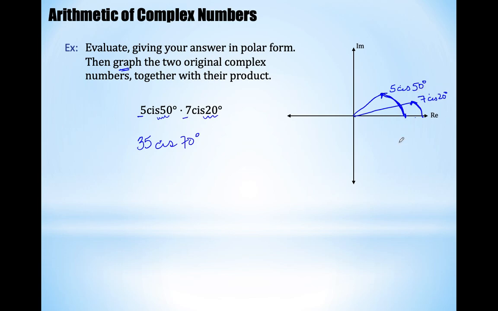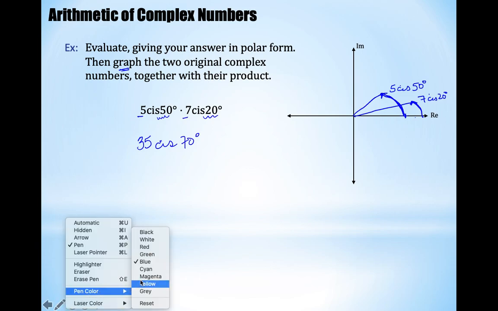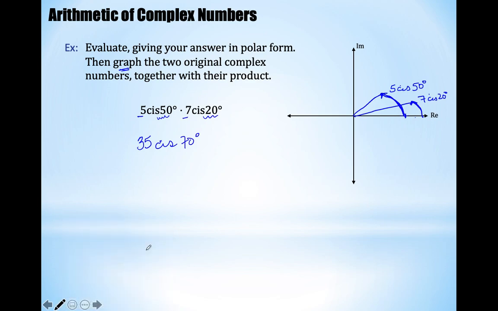Now graph the result. What does the result look like? The resultant multiplication has a longer radius, doesn't it? You multiplied them. So go all the way out here to 35. I'm going to shrink my scale a little bit. And rotate 70. So whoop.